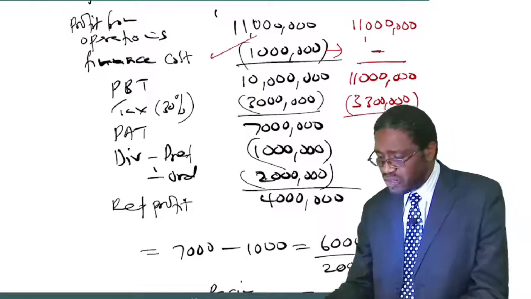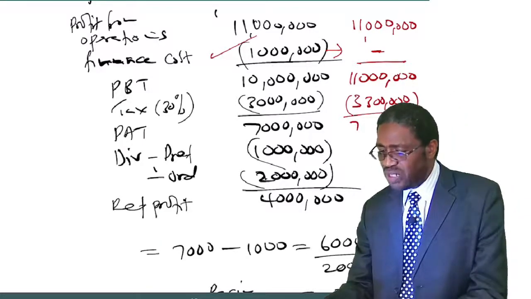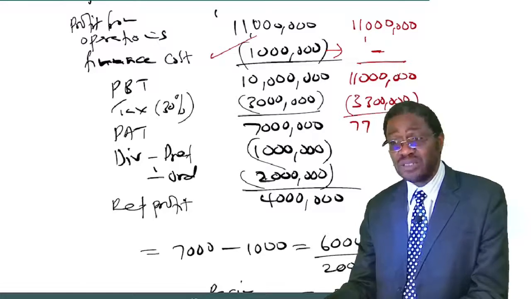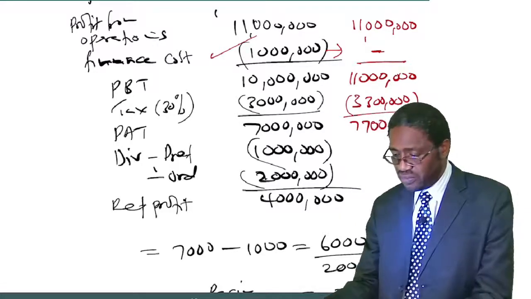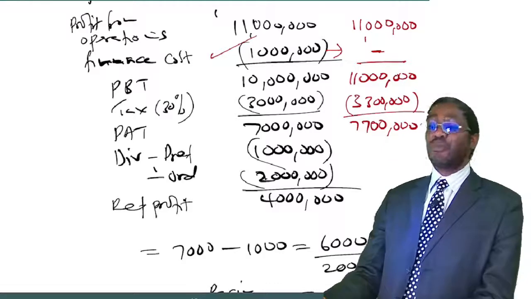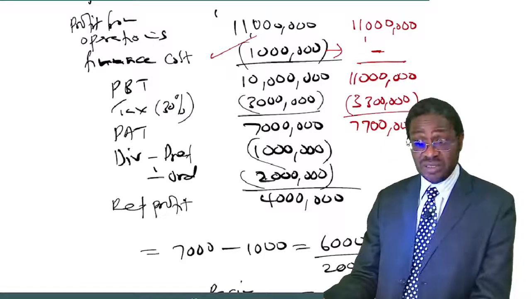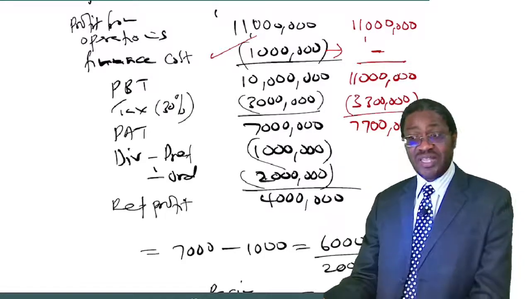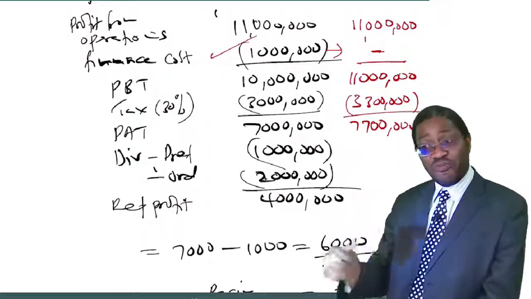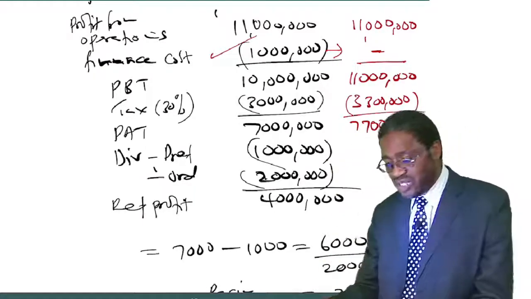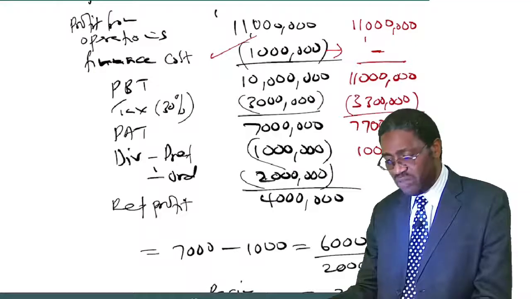So that means automatically our profit after tax would have been 7.7 million. That is the profit after tax. Then, once I get the profit after tax, I minus the preference dividends, which is still 1 million.